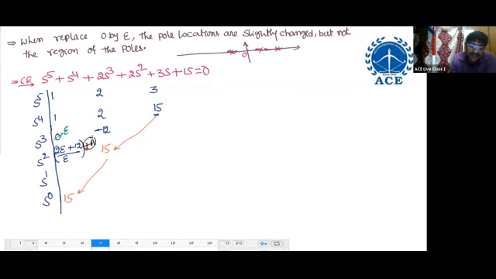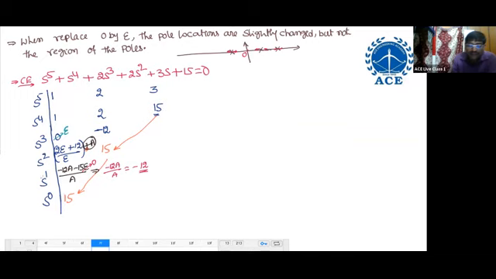Now get minus 12a minus 15 epsilon divided by a. Now simplify this. Epsilon tends to 0 means this will become 0. Then minus 12a by a, so the answer is minus 12.